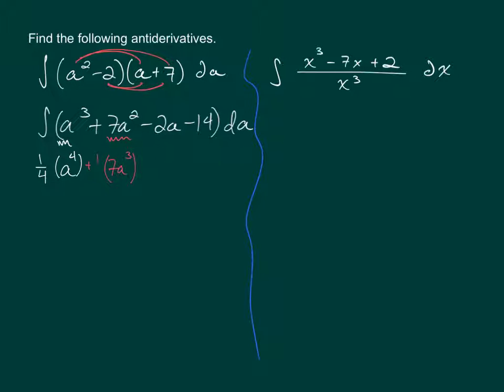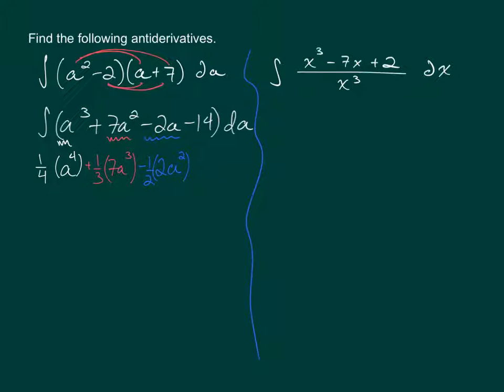Multiply this term by the reciprocal of the new exponent. This next term, minus 2a, add 1 to the exponent, multiply by the reciprocal of the exponent.